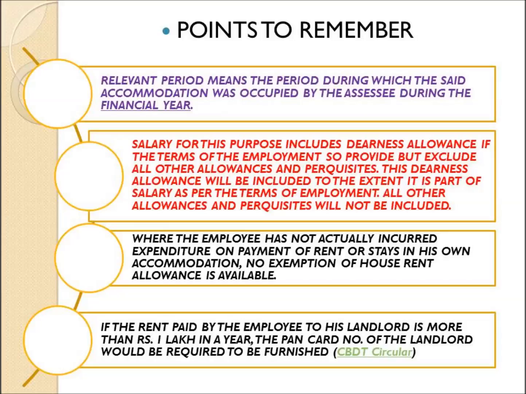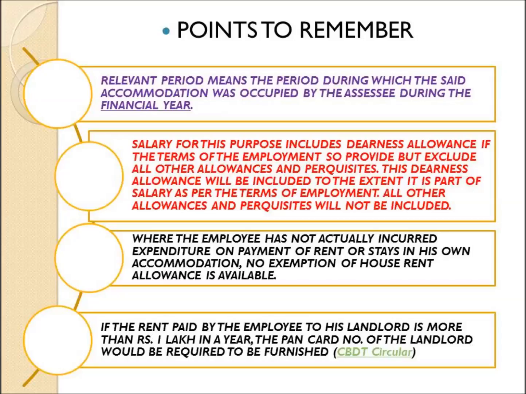Now number 3, where the employee has not actually incurred expenditure on payment of rent or stays in his own accommodation, no exemption of HRA is available. So now you see, if I am a resident of Delhi only and I am working in Delhi, so I am living in my own house and I don't need to rent accommodation for my residential purpose. So in that case, no HRA allowance will be available to me.